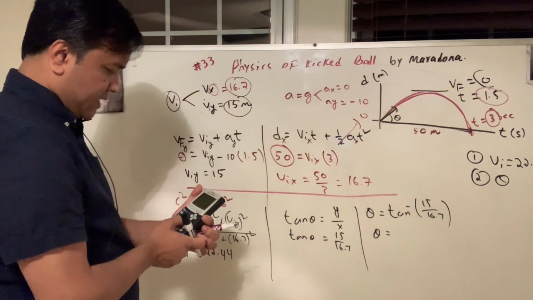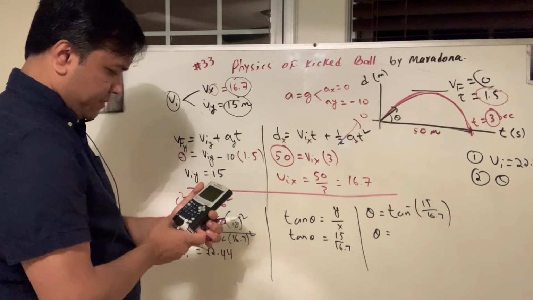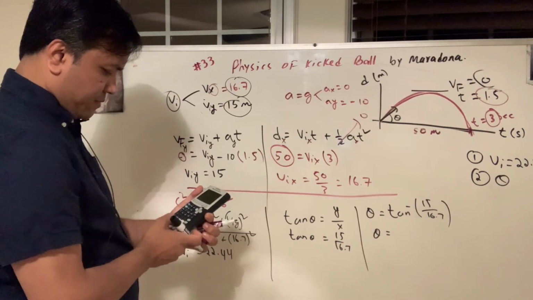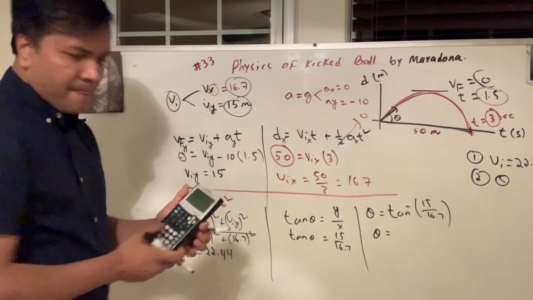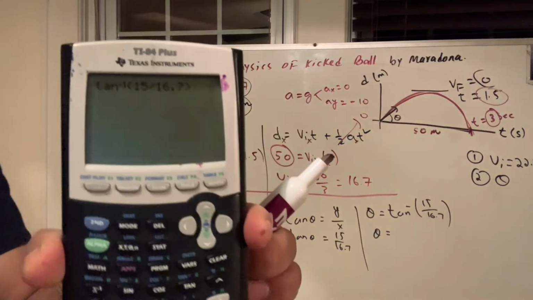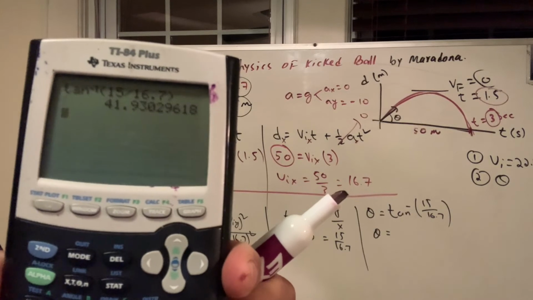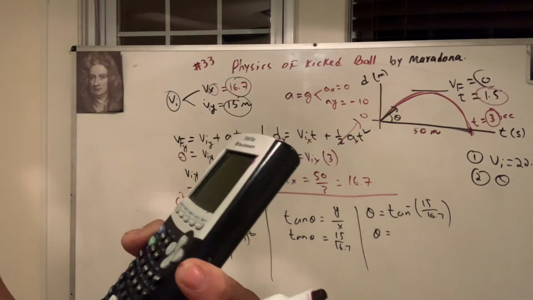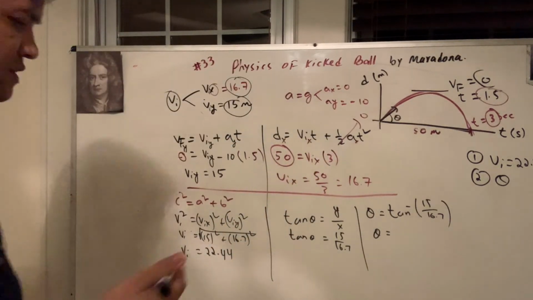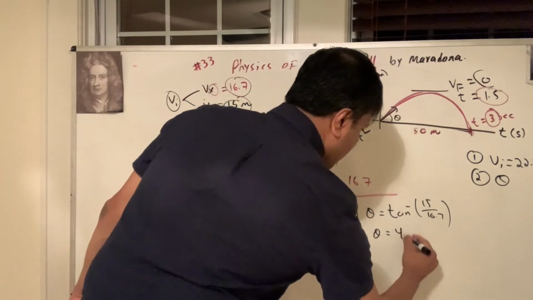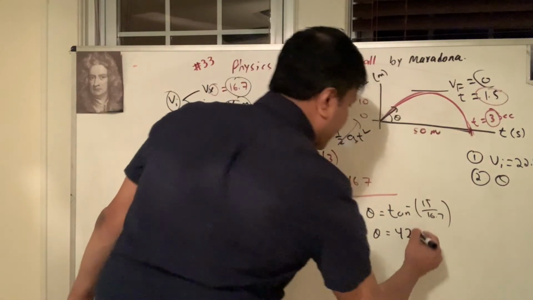Let's see what it is, and that would be 41.9, which is 42. So theta is 42 degrees.